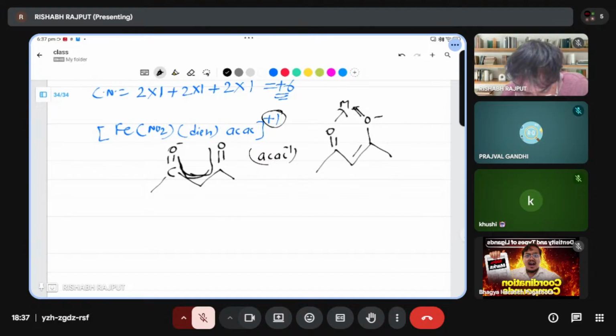For dien, the coordination number is 3, dien has denticity value 3. Plus for AC, 2. So 3 plus 1 plus 2 is 6. That is the coordination number, 6 here.